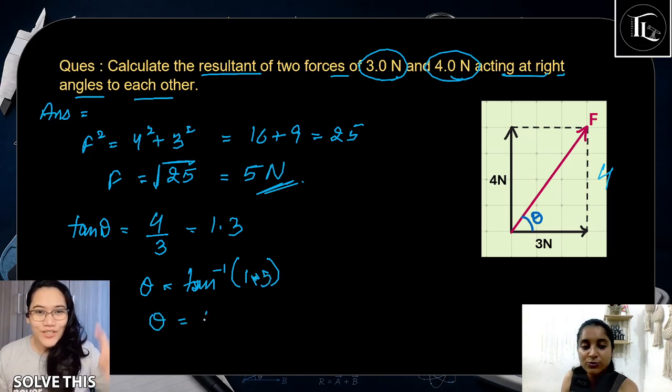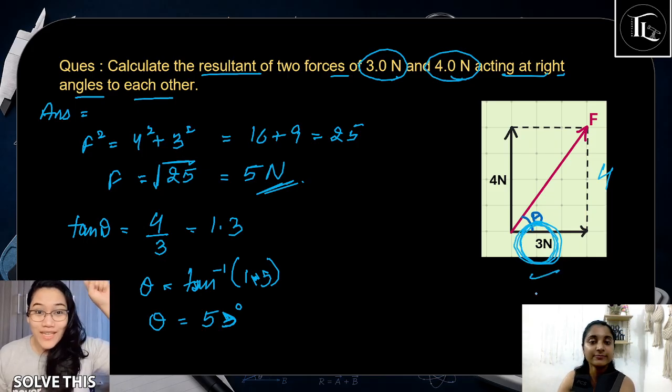So theta comes out to be 53 degrees. So the resultant is 5 Newton and it is making 53 degrees with the 3 Newton force. This is how we can find out the resultant for two vectors which are perpendicular to each other.